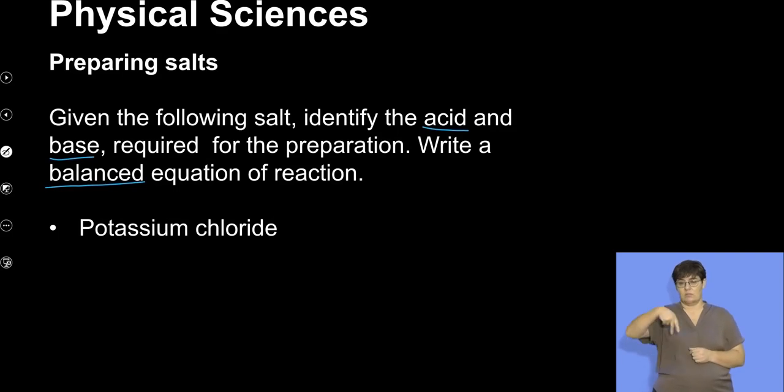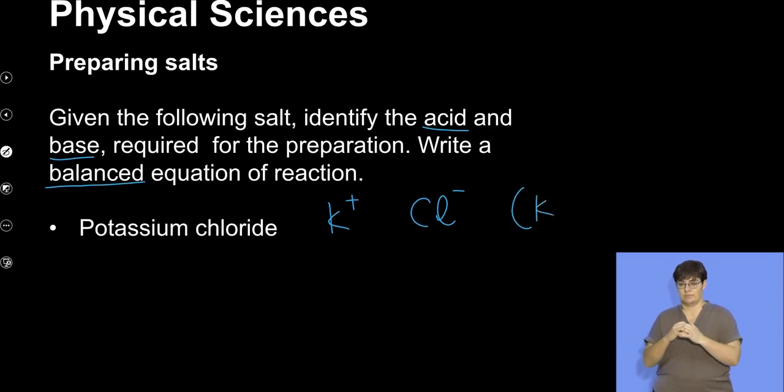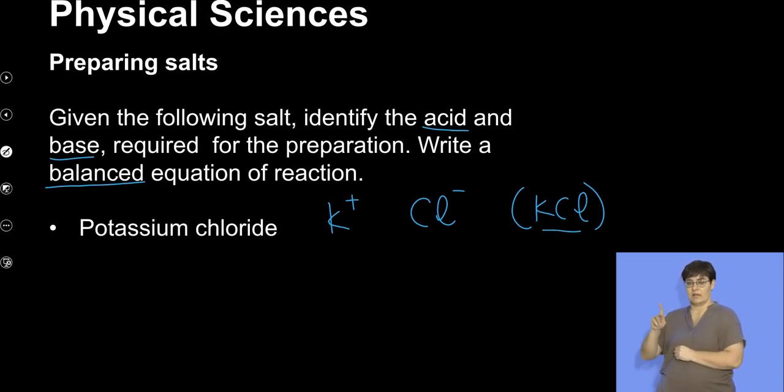salt. Okay, potassium chloride, the potassium cation, we know it's K+, right? So we're going back to chemical formula, and then the chloride ion is Cl-, right? So the chemical formula of potassium chloride as the salt then becomes KCl, right? So we want an equation of reaction that's balanced, that will show the process of obtaining this salt.